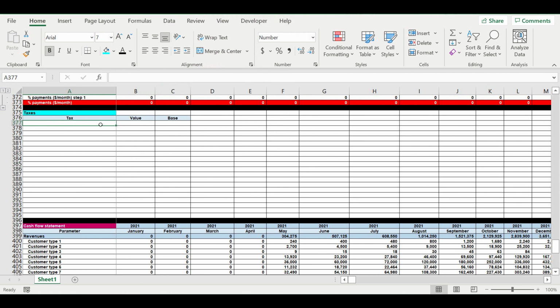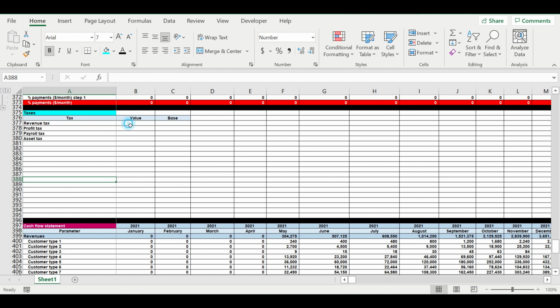So, for example, we will have revenue tax, profit tax, payroll tax, and asset tax.